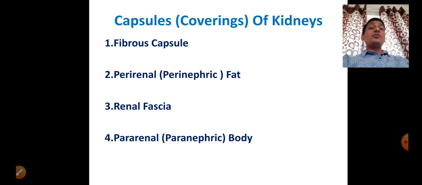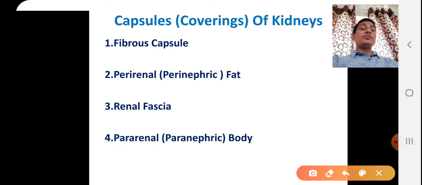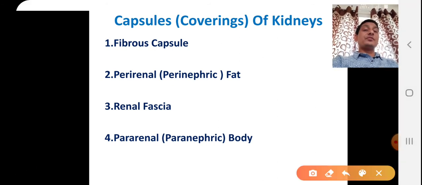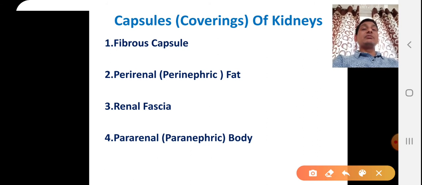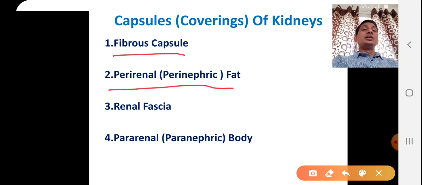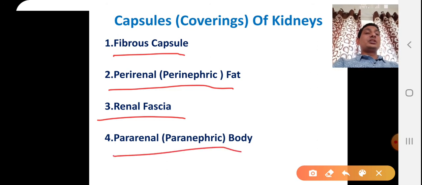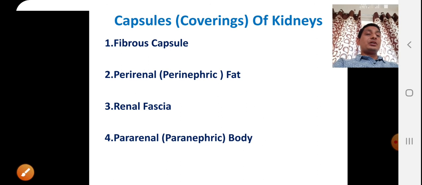It consists of a variable amount of fat. This is the outermost layer of the kidney. These are the coverings or capsule of the kidney. First is the fibrous capsule, second is the perirenal fat, third is the renal fascia, fourth is the paranephric or pararenal body, which is the outermost layer of the kidney.